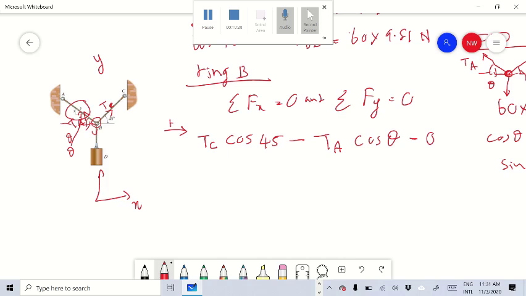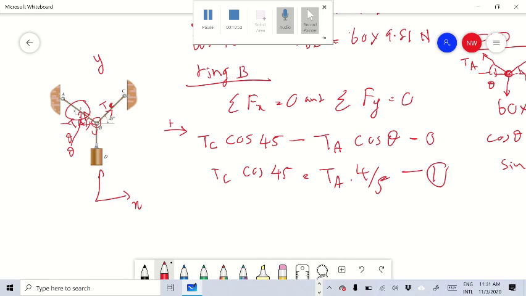So in the x direction we have only two forces, TC cos 45 and TA cos theta. So TC cos 45 is equal to TA cos theta, and we know cos theta is 4 over 5, right? So this is our first equation.